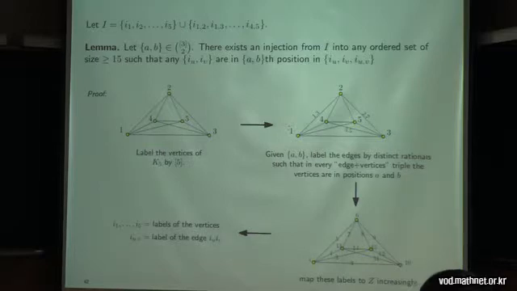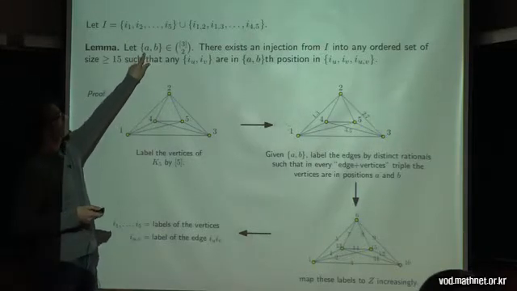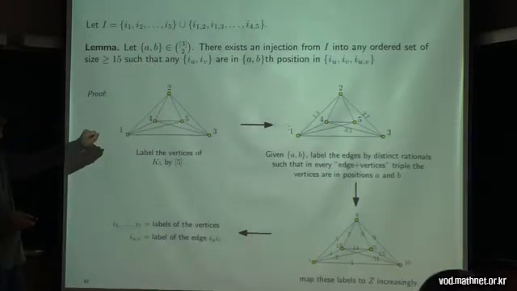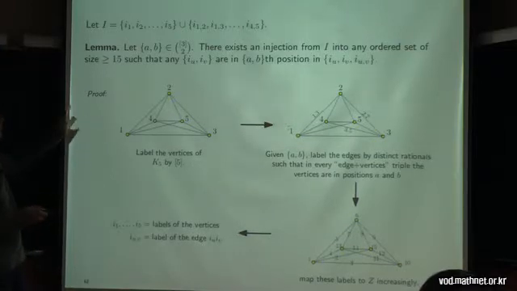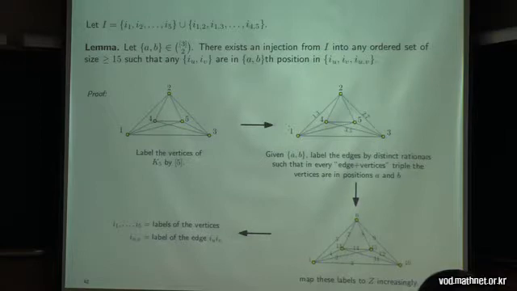What I mean here is you give me A and B, say, first and second position or first and third position. I will need to label 5 vertices and 10 edges. So that's 15 labels.